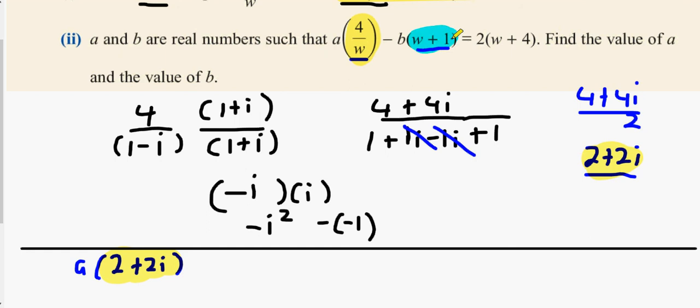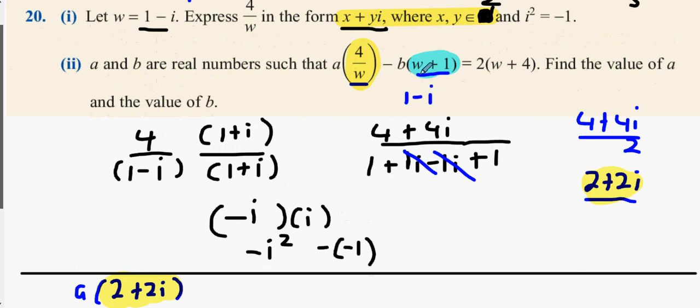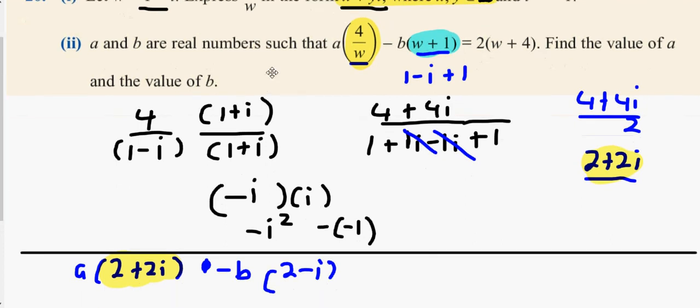Next, I'm going to highlight this blue part here, and this blue part is w plus 1. So I get my 1 minus i, which is w, and I add on 1, and that will be 2 minus i. So it's going to be minus b by 2 minus i.